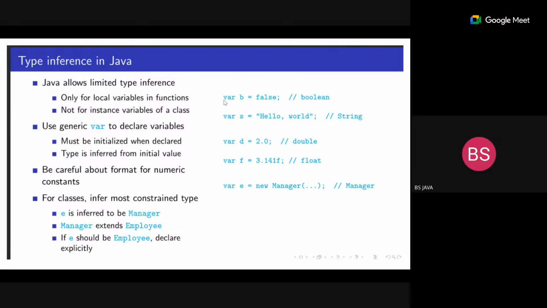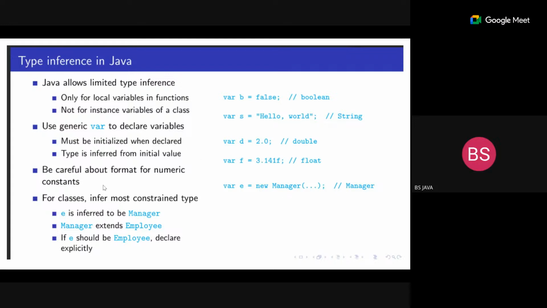By saying var b equal to false, by seeing the value with which it has been initialized, b is a boolean data type, and "hello world" is nothing but a string, so s is a string. 2.0 is a double, so d is a double here. And f is 3.14f, so f is a float here. Where e equals new Manager, the data type should be Manager.